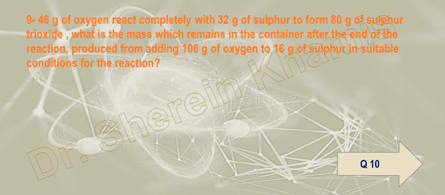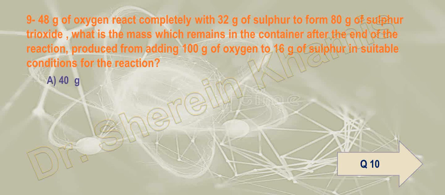If we have 48 added to 32, together they make 80 gram of sulfur trioxide. We are also adding 100 gram of oxygen and 16 gram of sulfur. What is the difference here?